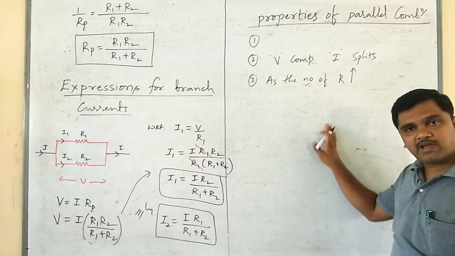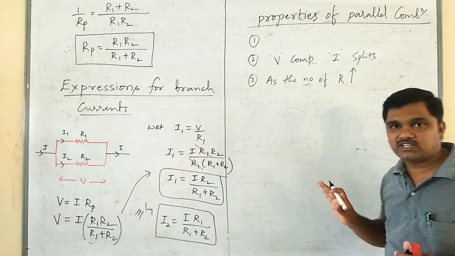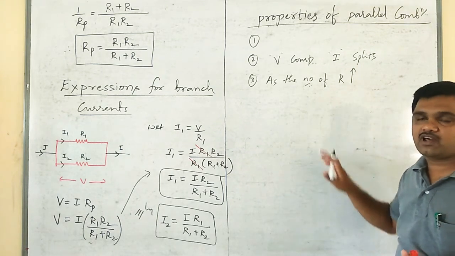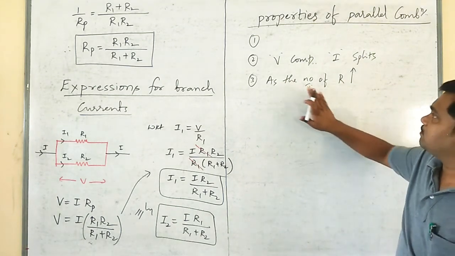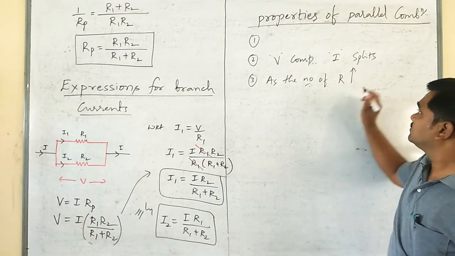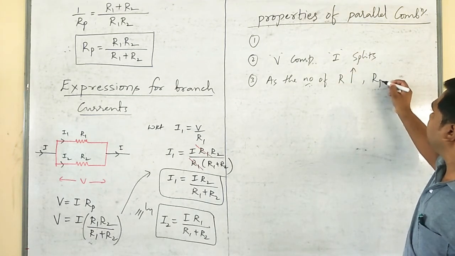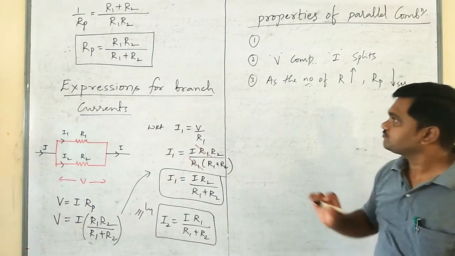The value of 1 by R1, 1 by R2, 1 by R3 will of course increase. But the reciprocal of an increase is nothing but a decrease. Hence, as the number of resistors in parallel increases, Rp decreases.